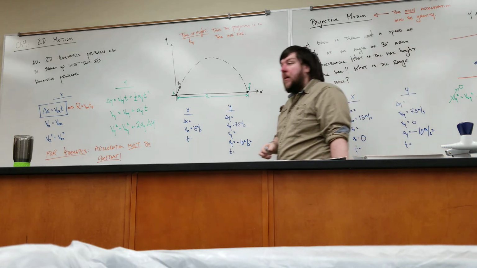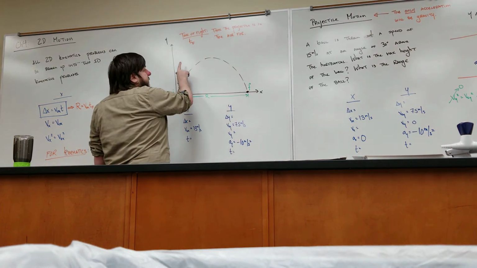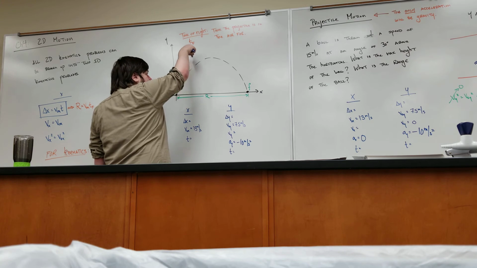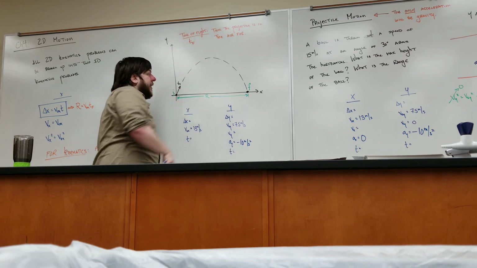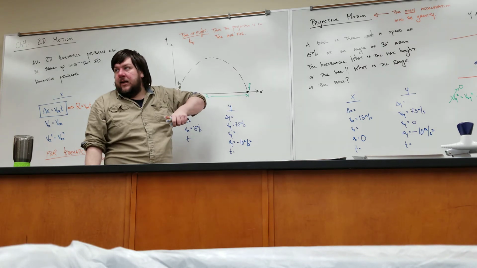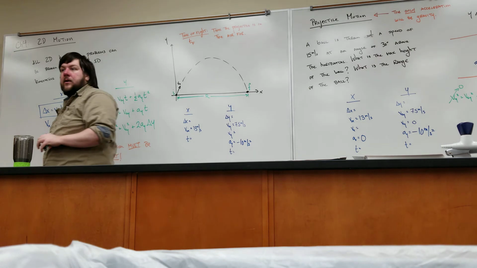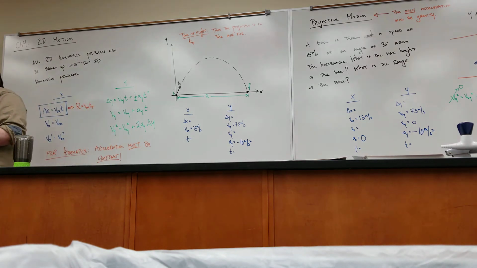No. Remember that it started falling. As it goes up, it slows down. But as it comes back down, it speeds up, and it should hit the ground with a large final velocity. So the y velocity should not be 0. So we need a different third piece of information.